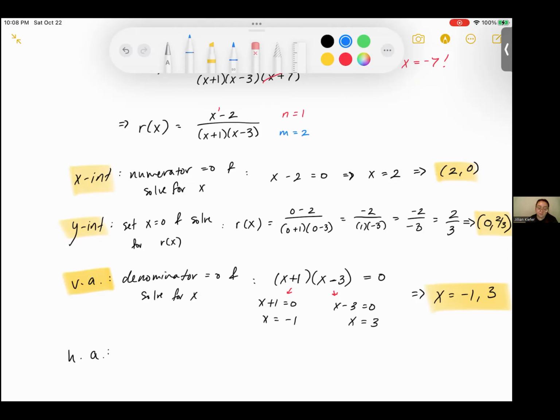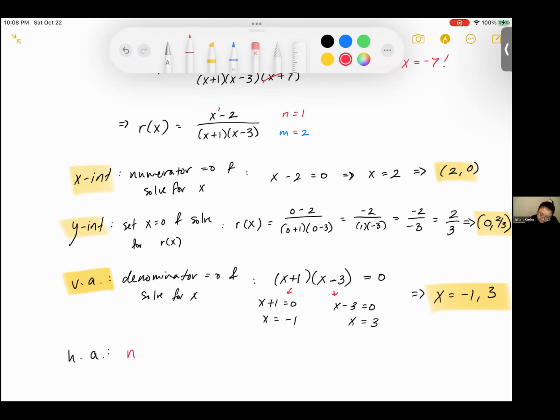So when finding your horizontal asymptote, you would use that chart that we used back in section 3.6. You'd use that chart to see if the degree of your numerator n was greater than, less than, or equal to the degree of your denominator, which is m.